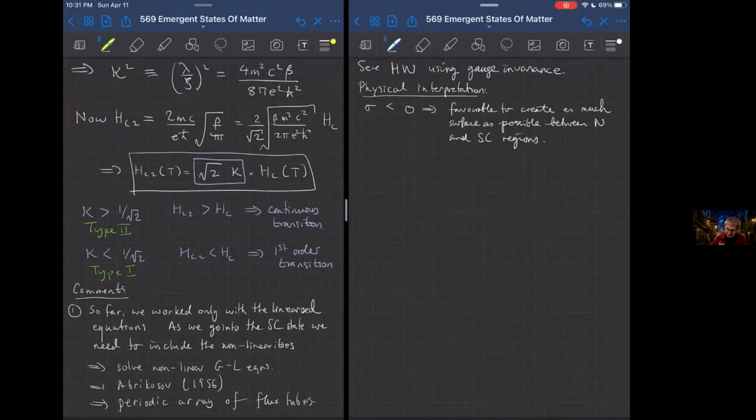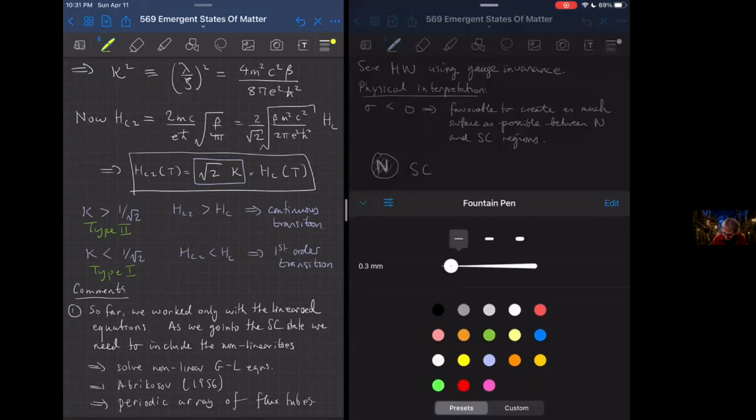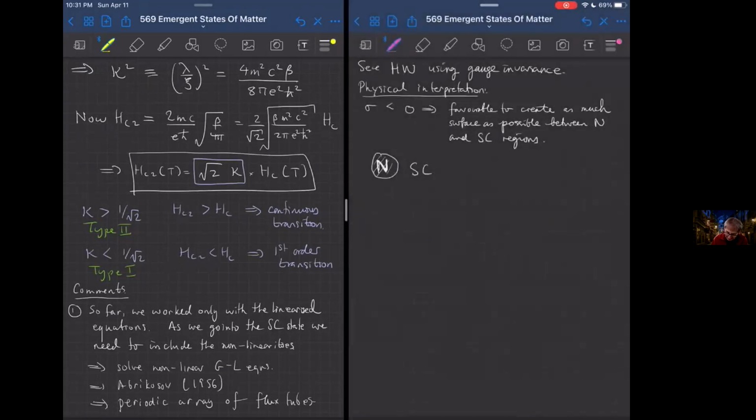And what happens is you get these vortex cores. So they're normal inside, and then they're superconducting outside, and magnetic flux is going through.